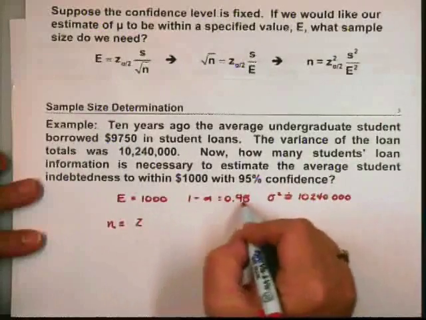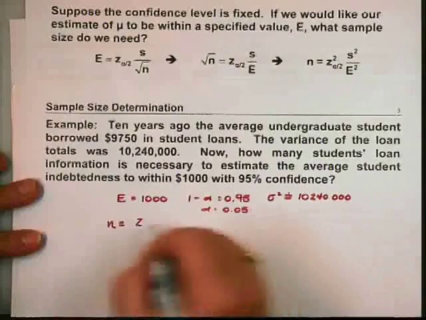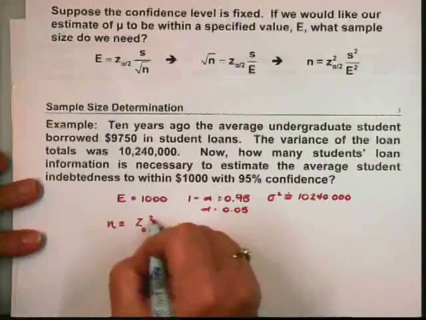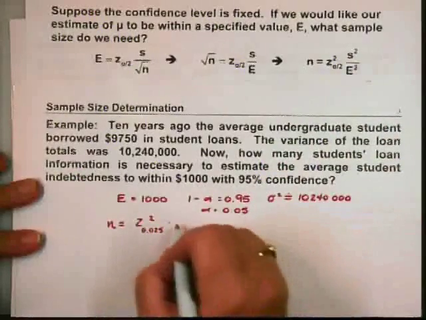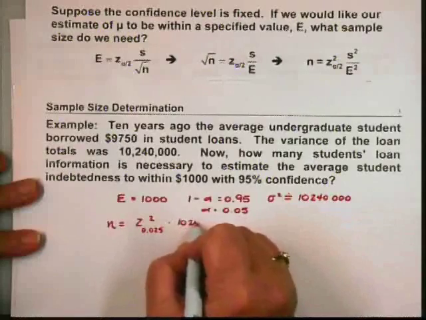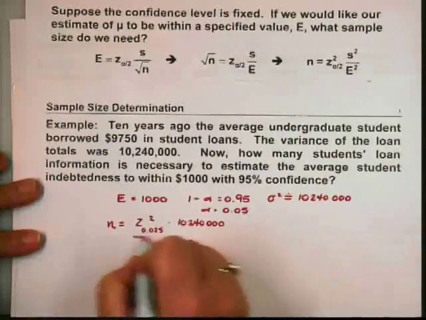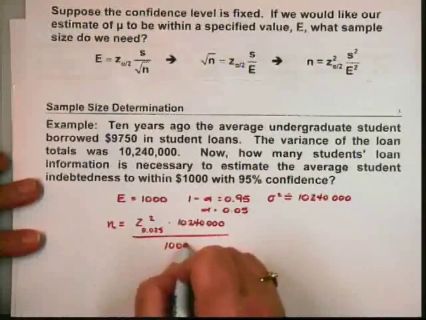If 1 minus alpha is 0.95, alpha is 0.05. So therefore alpha over 2 is 0.025. And we're squaring that quantity. S squared, we're going to use this previous value that we have available, divided by the error of estimation, which is 1,000, and that must be squared also.